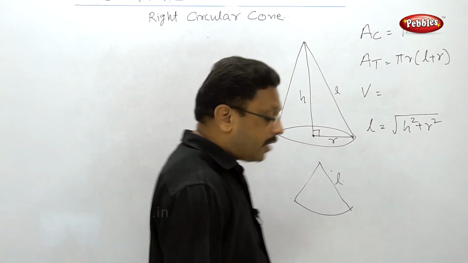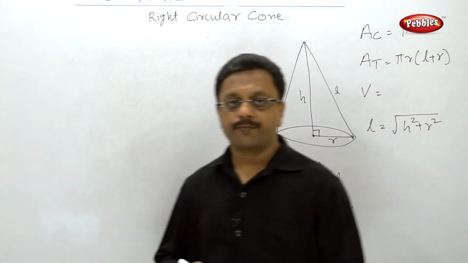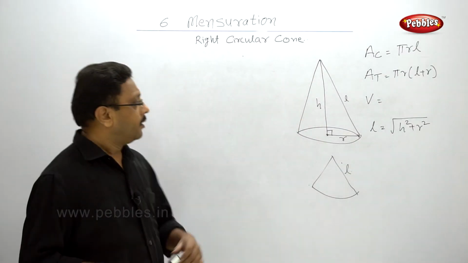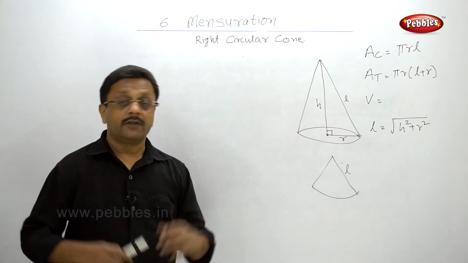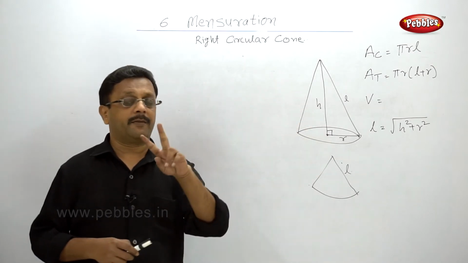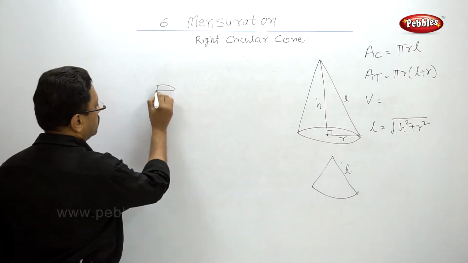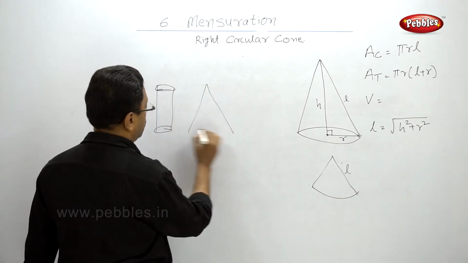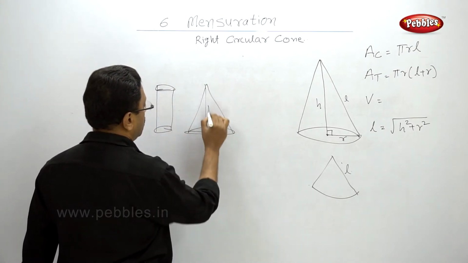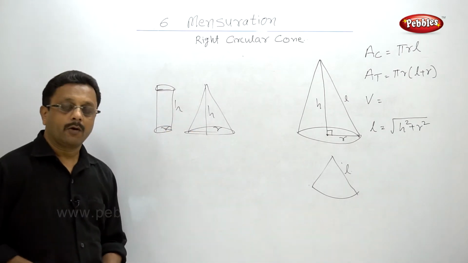Now we have to find the volume of this right circular cone. Now consider, two parameters are there. One is r and one is h. In the right circular cylinder also we had two parameters, r and h. We have h and r here and h and r here.